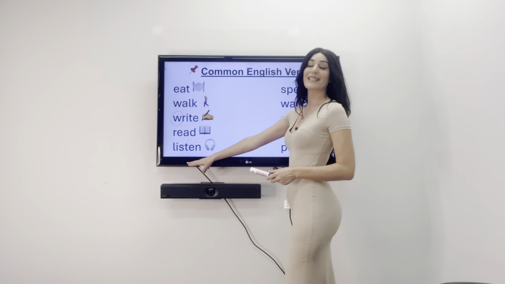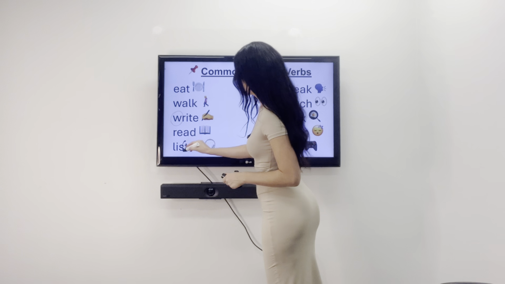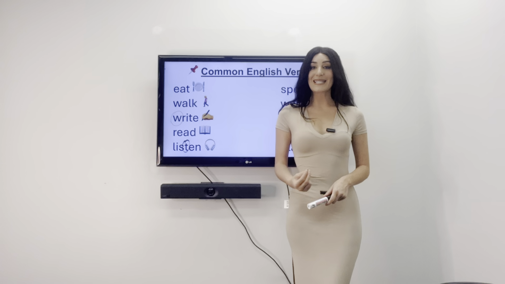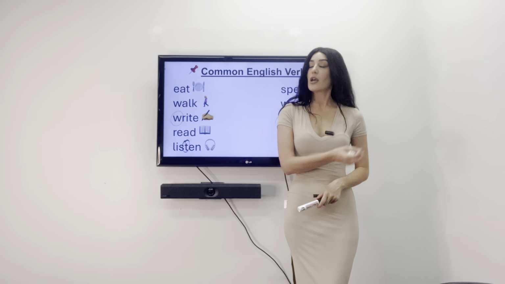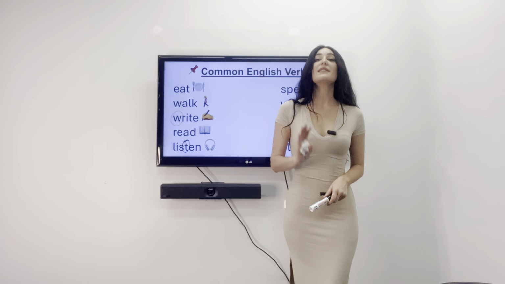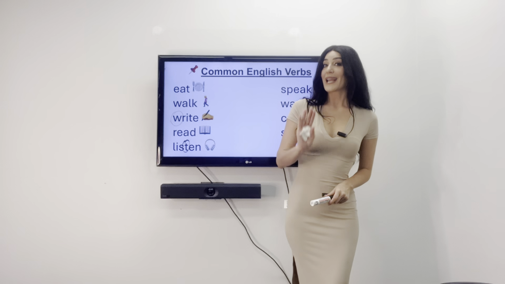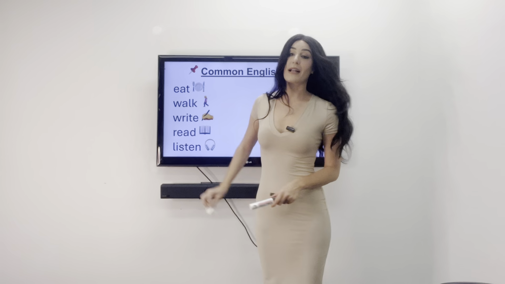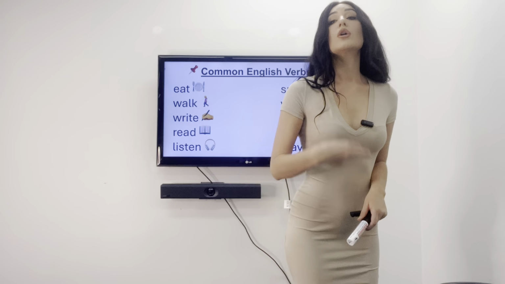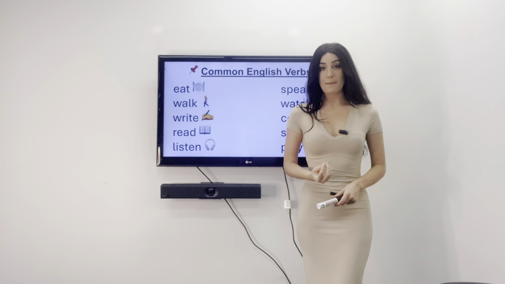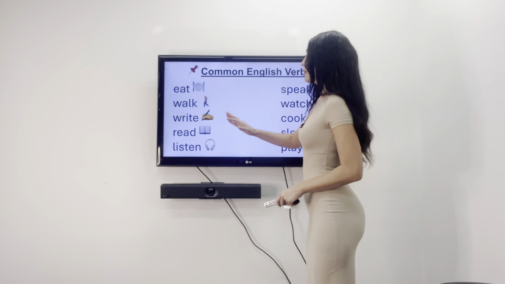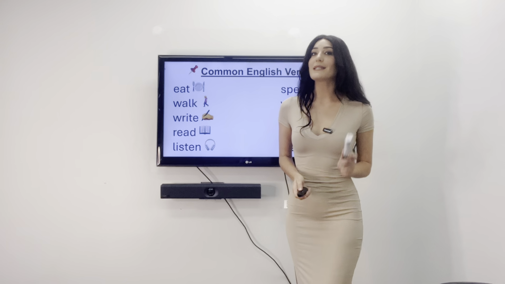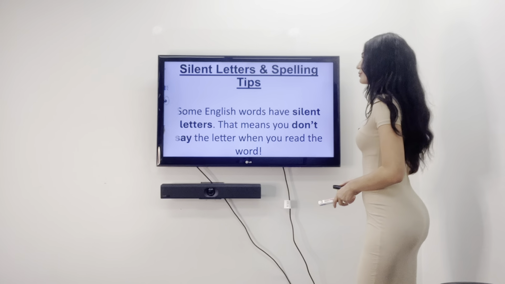Same as listen. There is a T in the middle there. We don't say listen. Listen. No, the T is silent. It's hush hush. So we don't pronounce it. Even though that's the way that it is spelt, we don't say it that way. Okay? So those are just a few examples of those silent letters that I was talking about before.